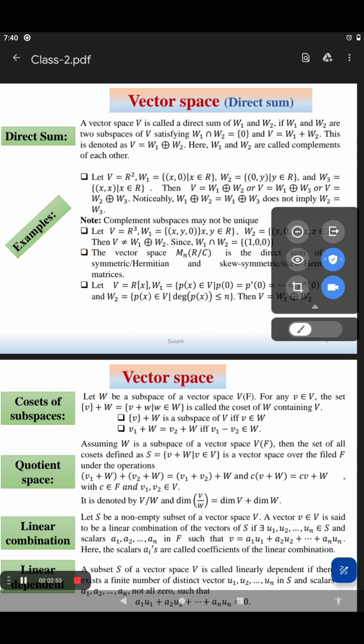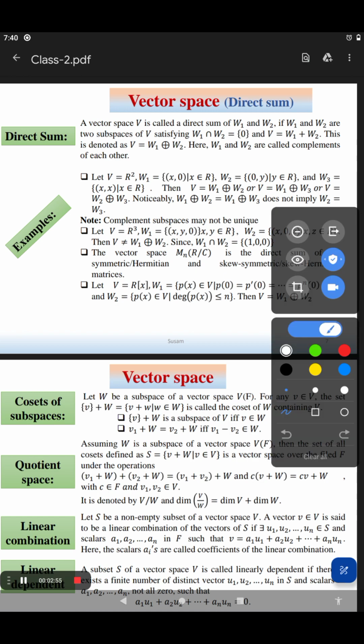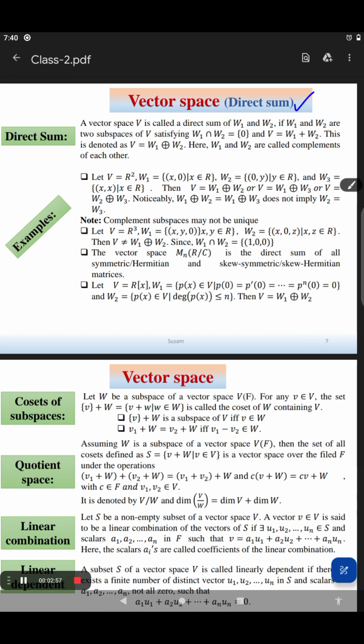So first I will talk about direct sum. What is this direct sum? You know W1 plus W2 is the smallest subspace of a vector space V over the field F containing both W1 and W2. Now I say W1 plus W2 is the set V and they are disjoint.